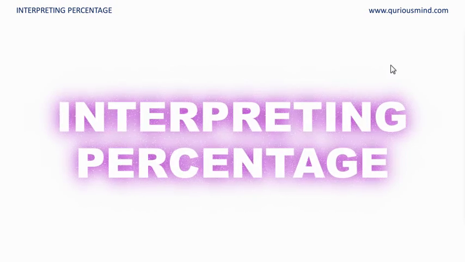Hello everyone. In this video, we will look at how to interpret percentages. For example, in our day-to-day life, we use percentages very regularly. These days, when it's festival season, we talk about there being 20% off on all electronic goods.